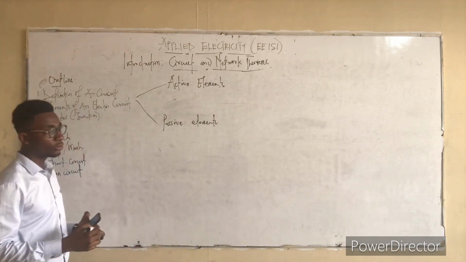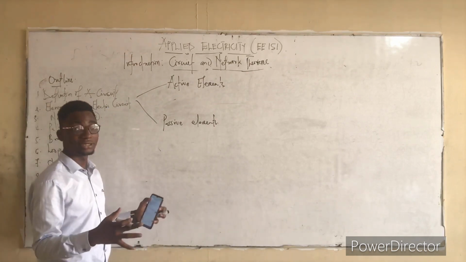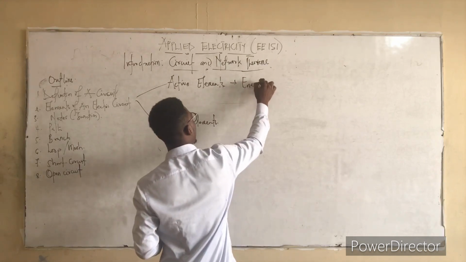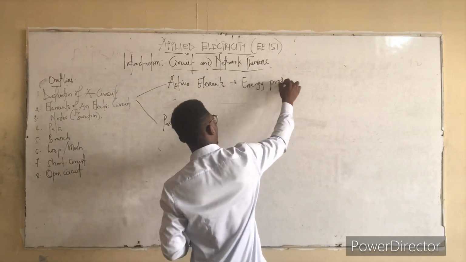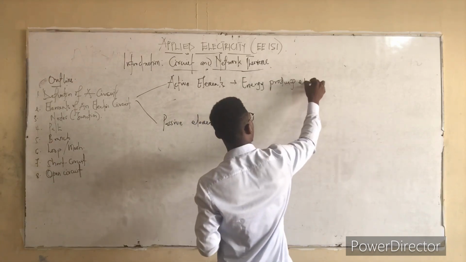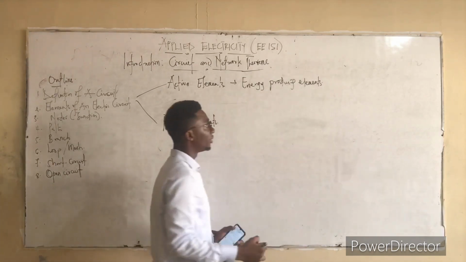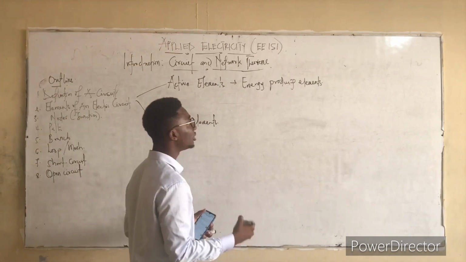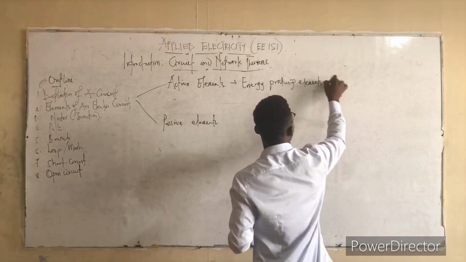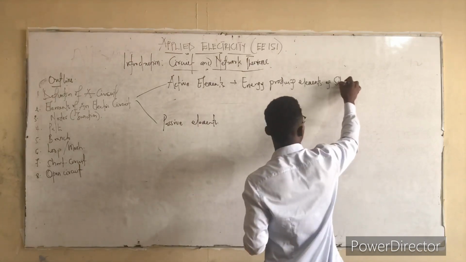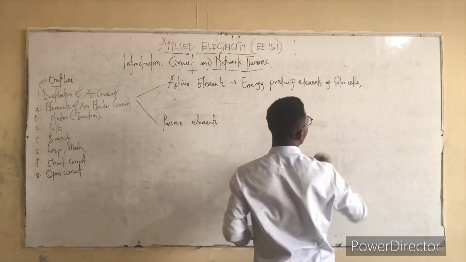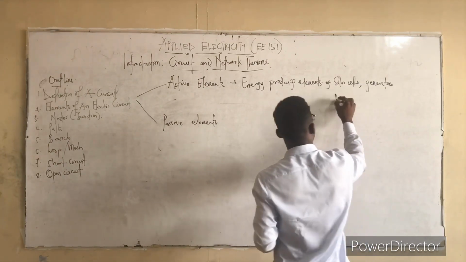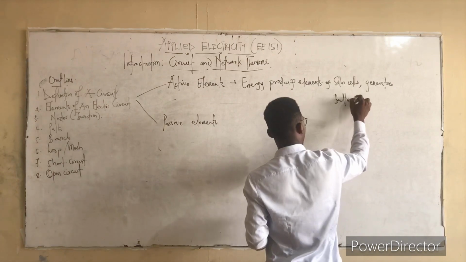When we talk about the active elements, they are simply the energy producing elements, that is, elements that produce energy. Some examples are solar cells, generators, and the normal batteries we use.